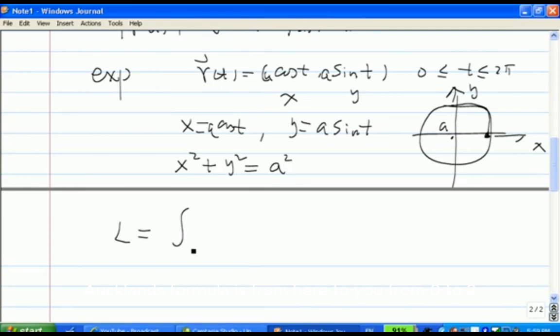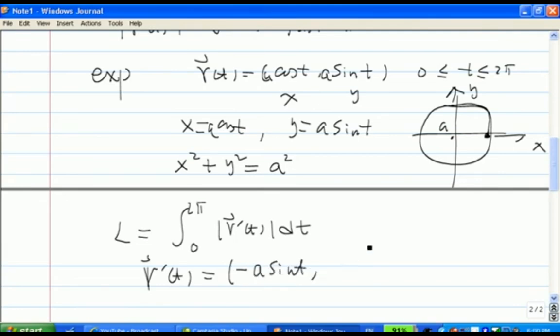The arc length formula is the integral from t equals 0 to 2 pi of the magnitude of r prime t dt. So now let's find what r prime is first. The derivative of a vector function is taking the derivative of each component, so that gives you negative a sine t and a cosine t.